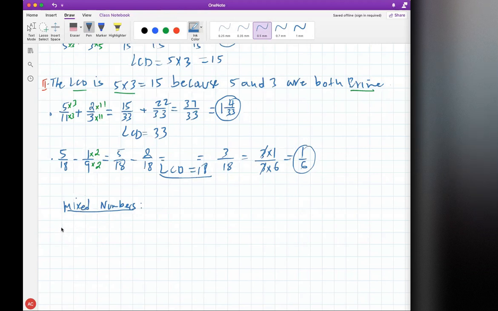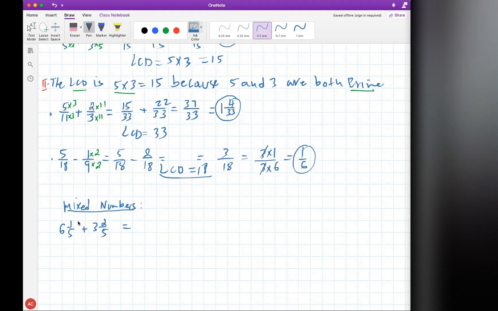So let me think about an example again. Let's say you have 6 and 1/5. You want to add it to another mixed number, maybe 3 and 2/5. You add the whole numbers first.